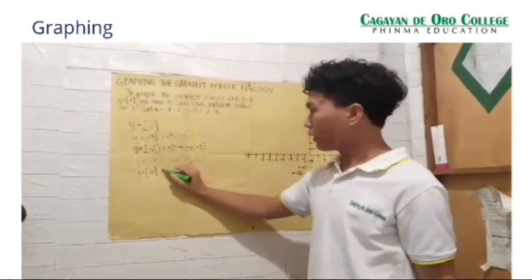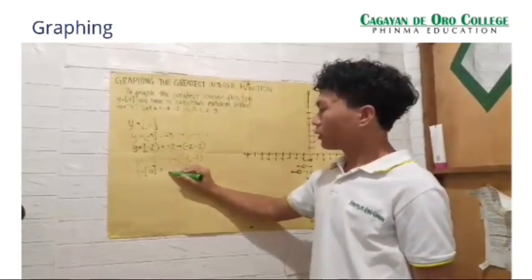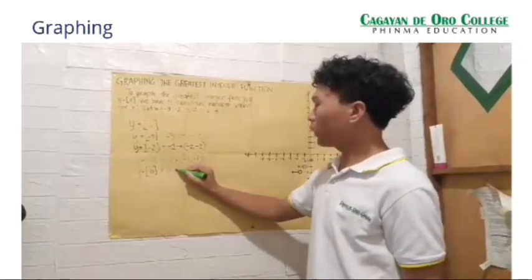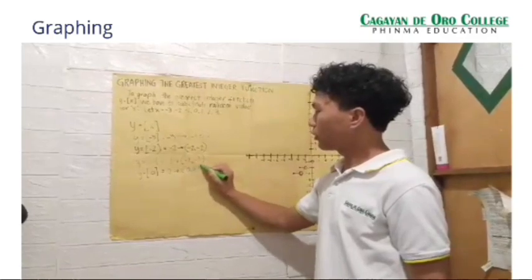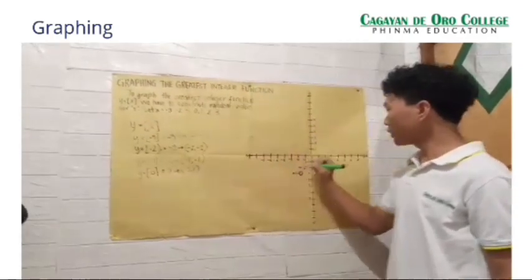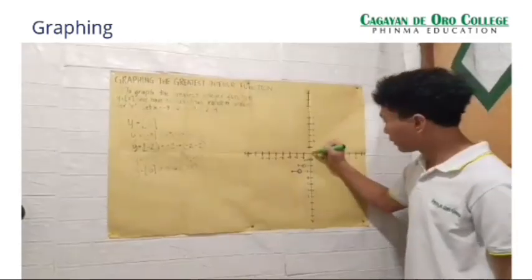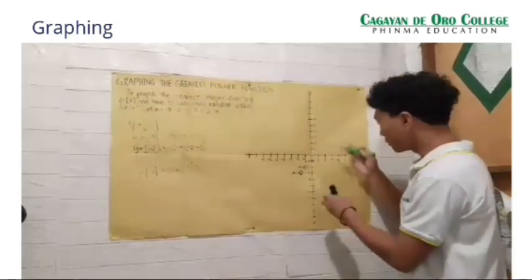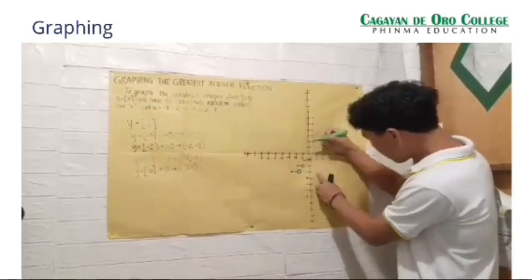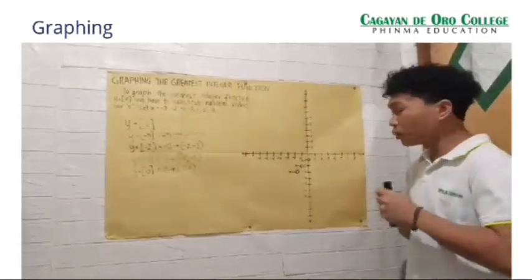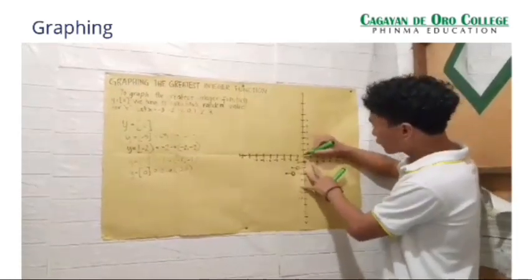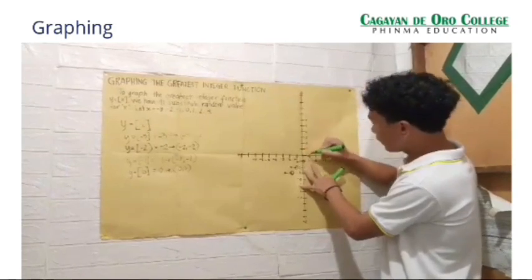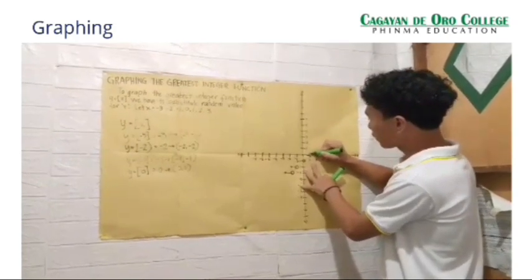And next is 0. That is equal to 0, where it implies that our ordered pair is 0 and 0, also known as the origin. Over here, 0, 0. Then move 1 unit to the right, from left to right, that ends in an empty circle.